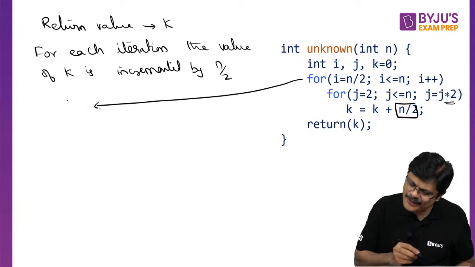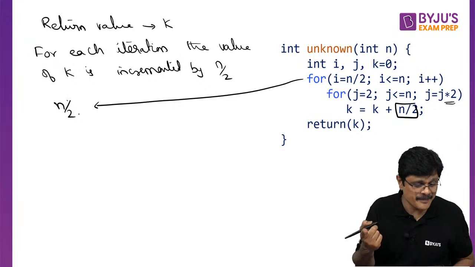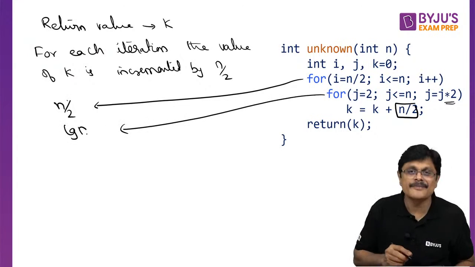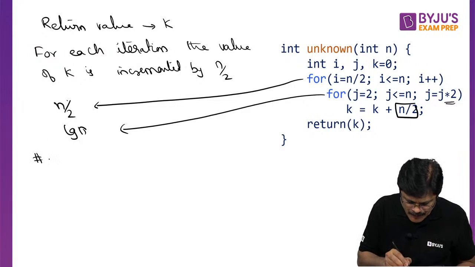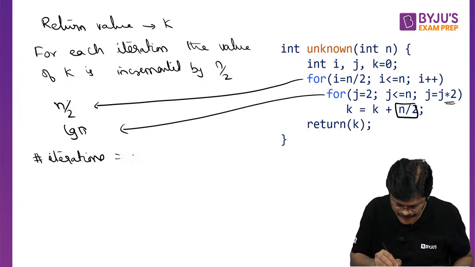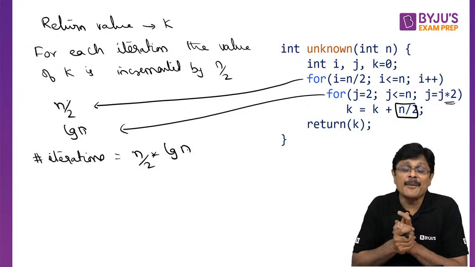It will take n/2 times log n times. So now I know the number of iterations. Asymptotically you can just write n/2 into log n.